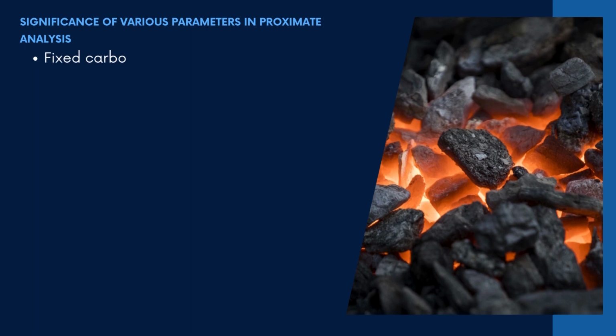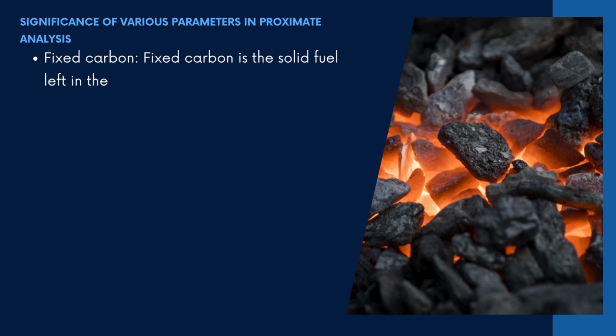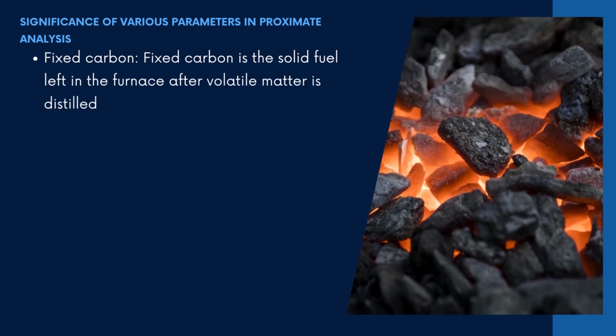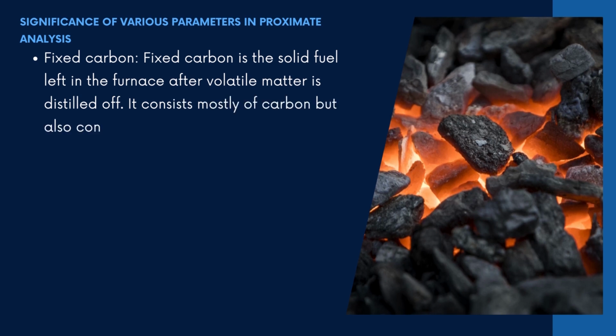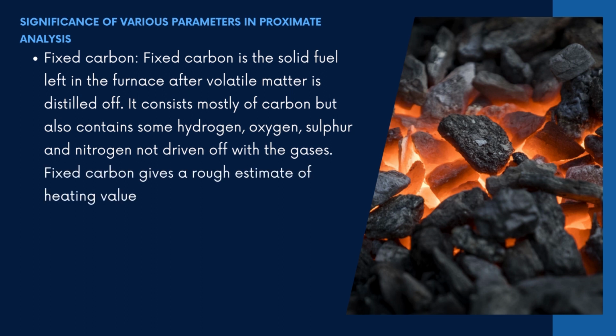First, fixed carbon. Fixed carbon is the solid fuel left in the furnace after volatile matter is distilled off. It consists mostly of carbon, but also contains some hydrogen, oxygen, sulfur and nitrogen not driven off with the gases. Fixed carbon gives a rough estimate of heating value of coal.